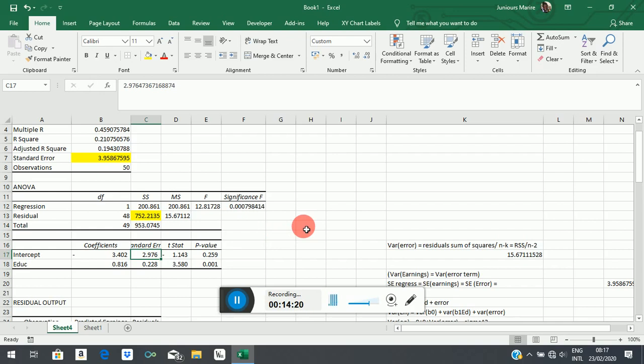So let me stop here for now, and then I'll proceed to talk about how you get the variance of your slope coefficient. Particularly, that's what I'm more interested in discussing here.